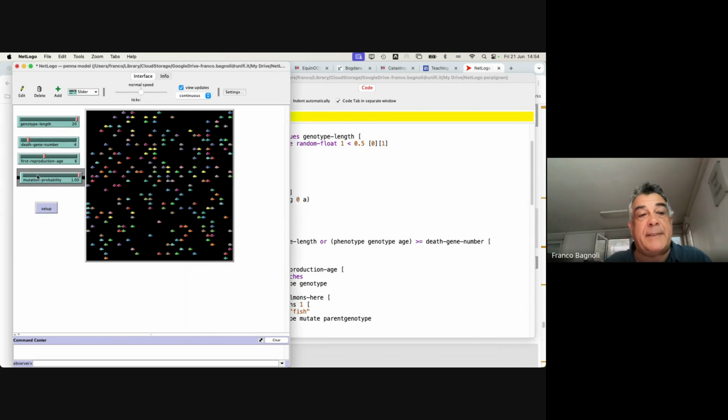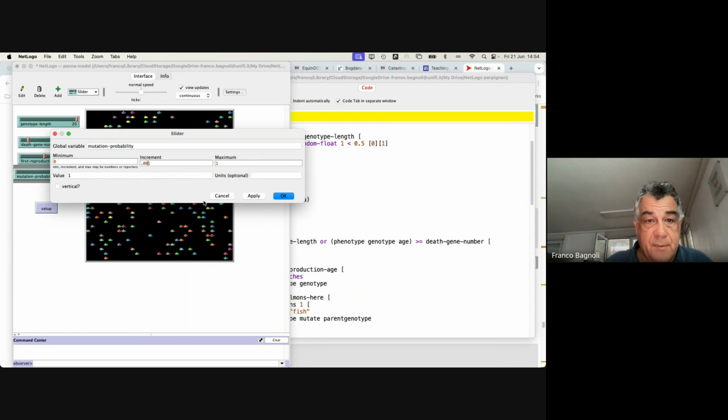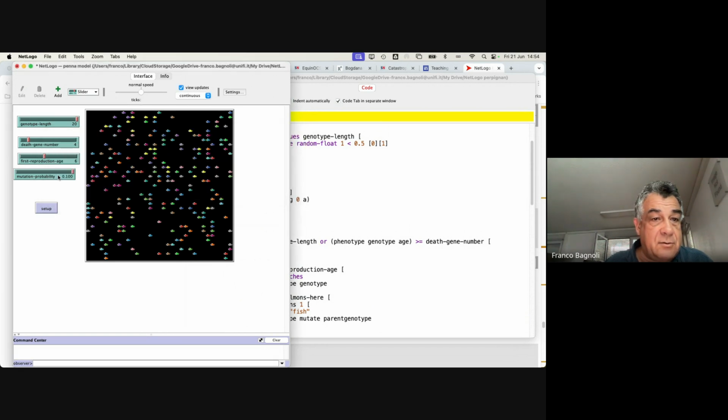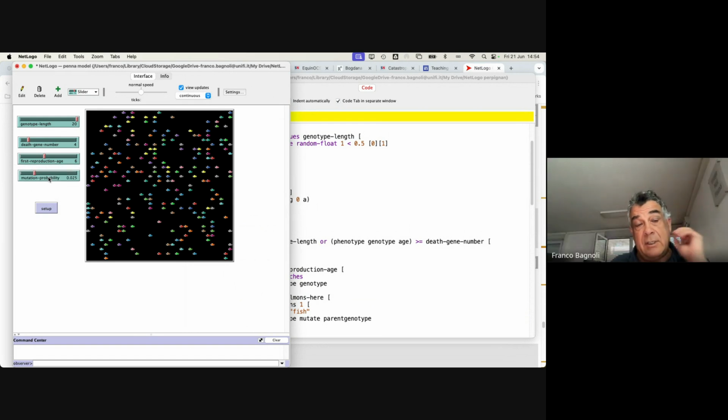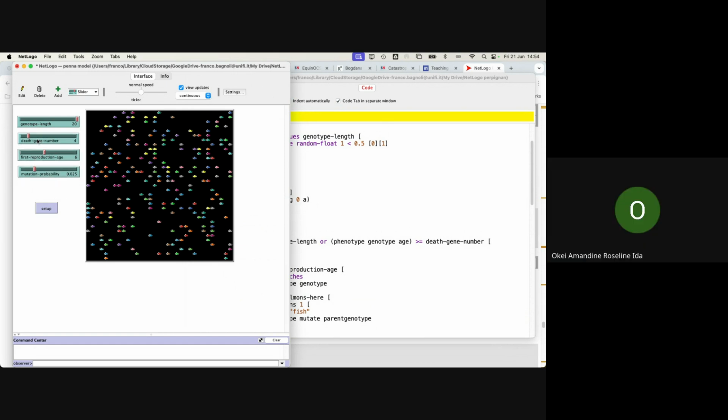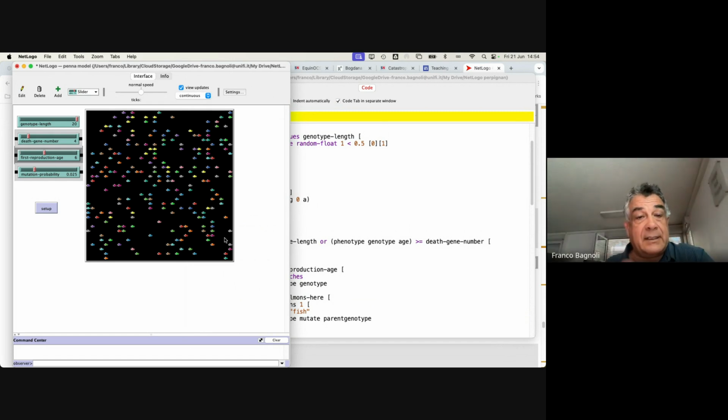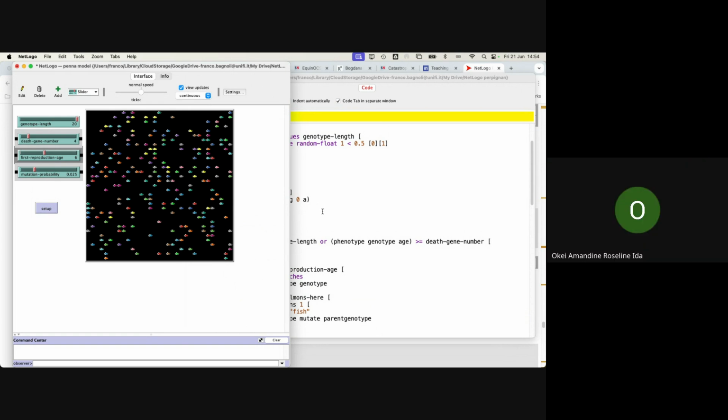Let's suppose it is per gene. So we may keep this quite small, maybe a maximum of 0.1, because it generally makes no sense to have more. But we can also see what happens if there is a very high mutation rate. At a certain time everything should die if you have a very high rate.